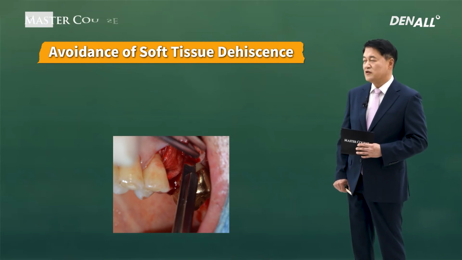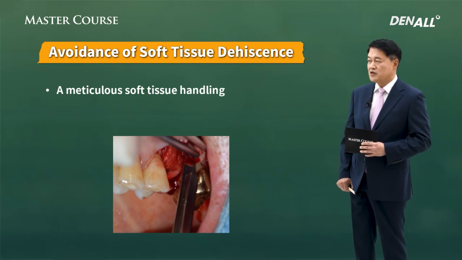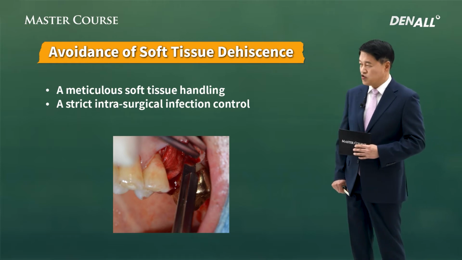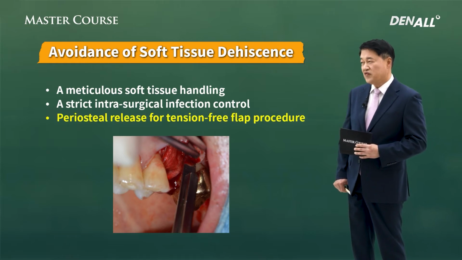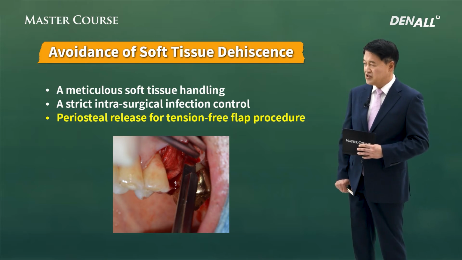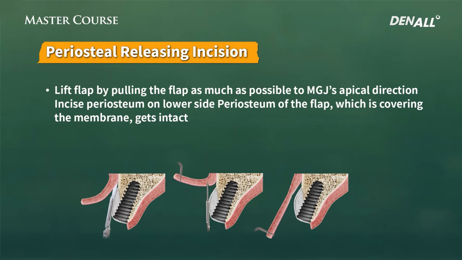In order to avoid soft tissue dehiscence, you need to meticulously handle soft tissue and have a strict intrasurgical infection control. Another important point is to do periosteal releasing incision for tension-free flap procedure. Let's look at periosteal releasing incision.